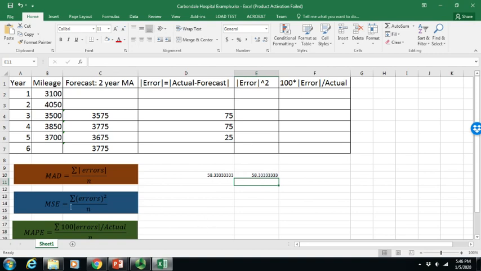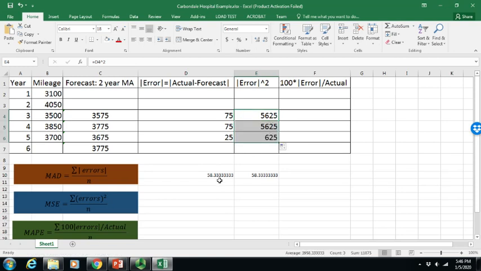Okay, now for the next measure, the error measure is mean squared error. What we need to do is square all of the errors and then sum and divide by n. Okay, come over here. So pick this number, squared 2. Okay, and then again copy and paste.